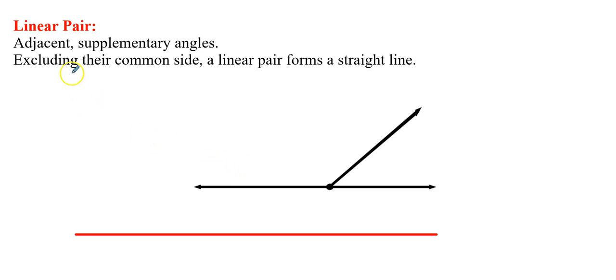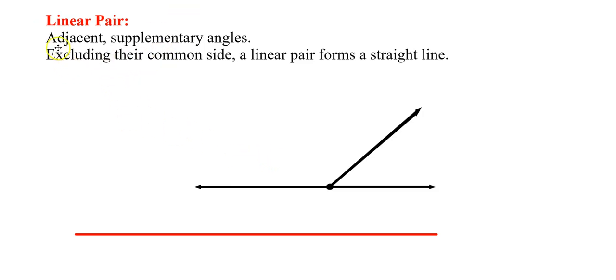Now the next one I have is a linear pair. A linear pair is a pair of adjacent supplementary angles. Okay, first let us look at this line. We have to have adjacent angles which are supplementary.